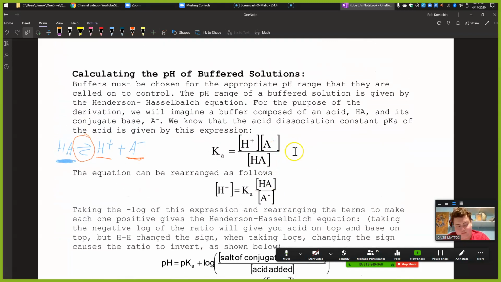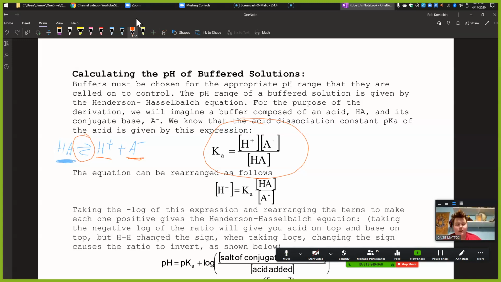Okay, and then what do we call this thing here? The whole equation?